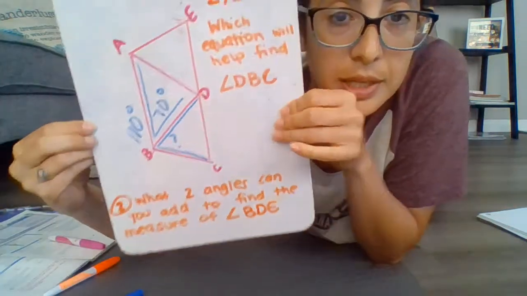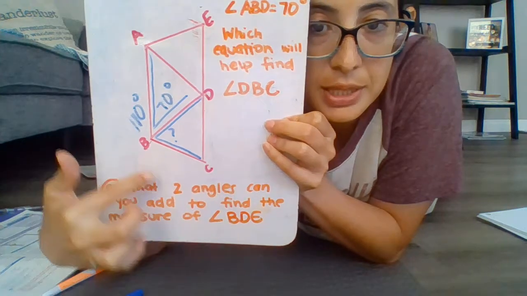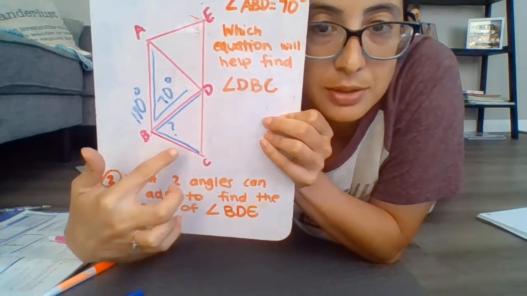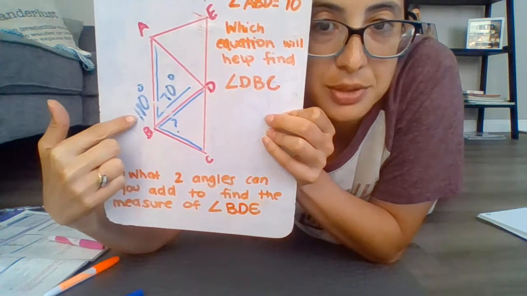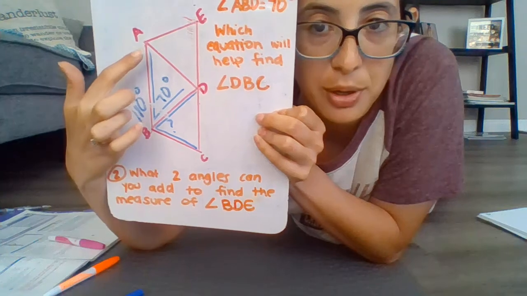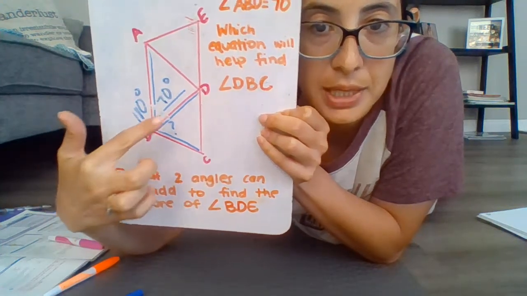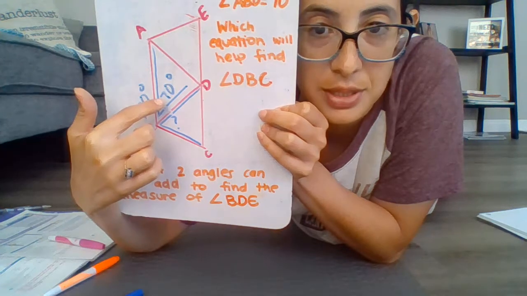So I have my whole A, B, C. So this whole angle right here is equal to 110. Then I know one of my parts, A, B, D is equal to 70 degrees.